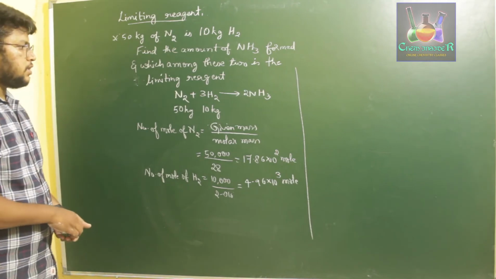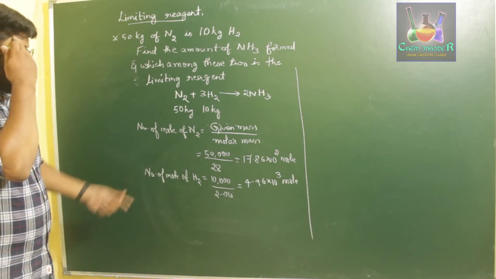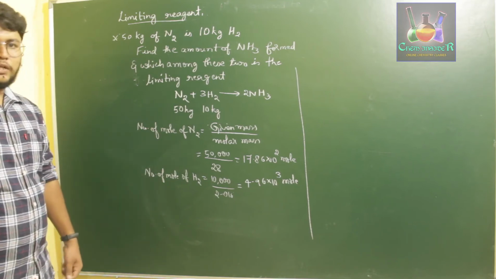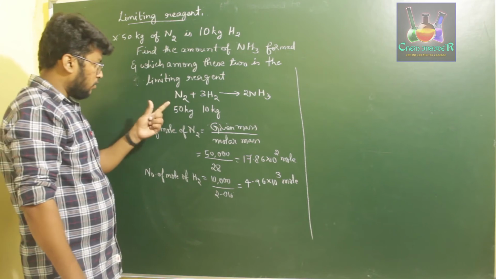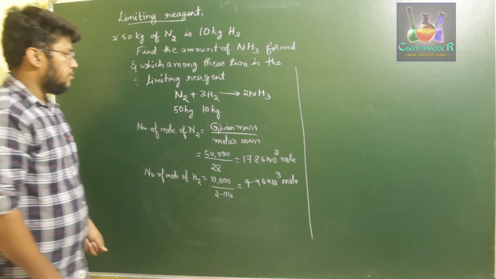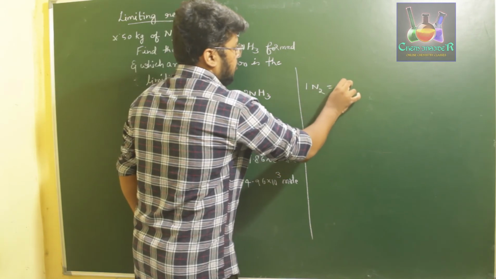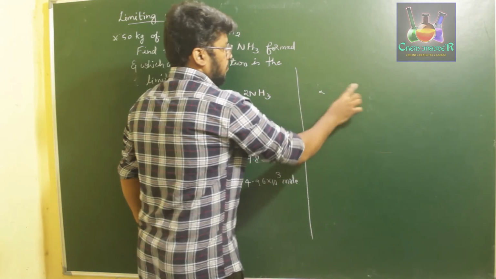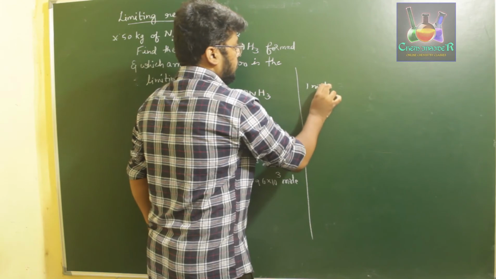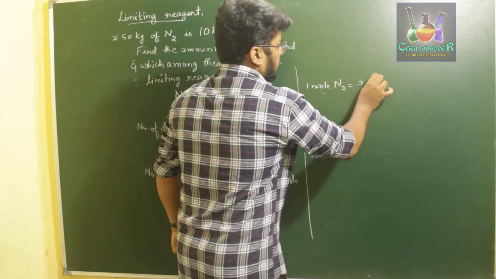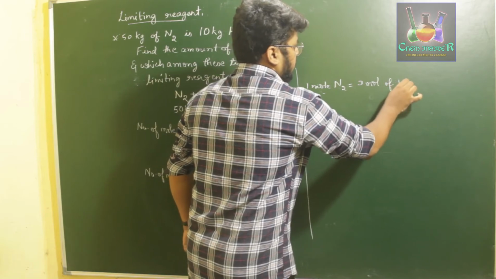Now for this reaction, we need to observe the amount of reactant which reacts with the other. So first we will try reacting our nitrogen. 1 mole of nitrogen reacts with 3 moles of hydrogen, right?